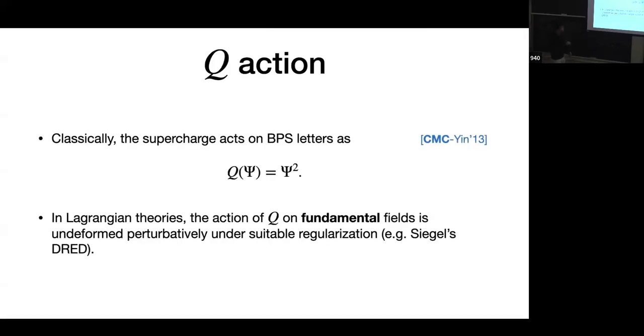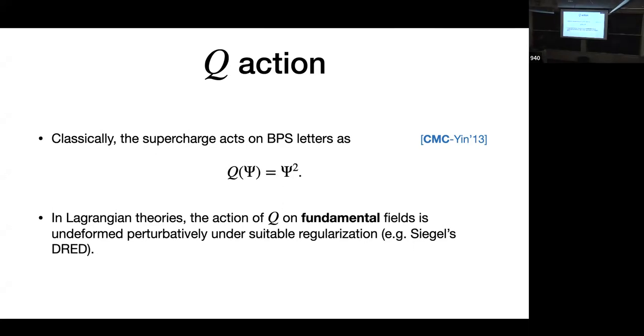And so the advantage of this superspace and superfield is that the Q that we were interested in acts on psi in a very simple manner: Q acting on psi gives psi squared. This is actually the classical Q action, and you may wonder whether this classical Q action may receive some quantum correction.